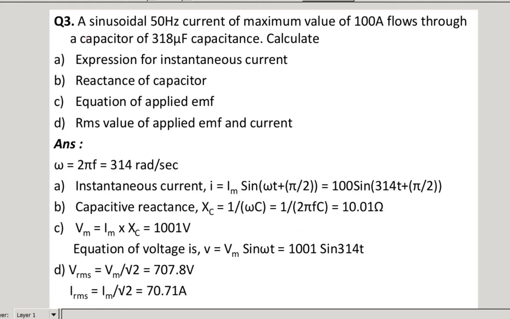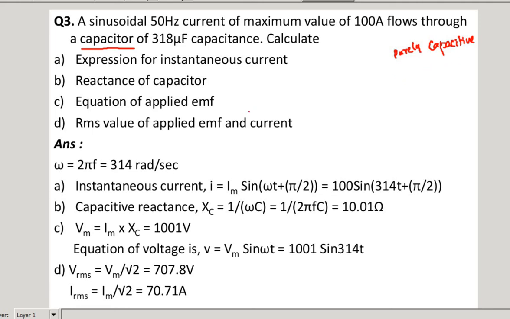Here in this problem, the only passive element connected is a capacitor, because they have not specified any other elements. So we can assess that it is a purely capacitive circuit.